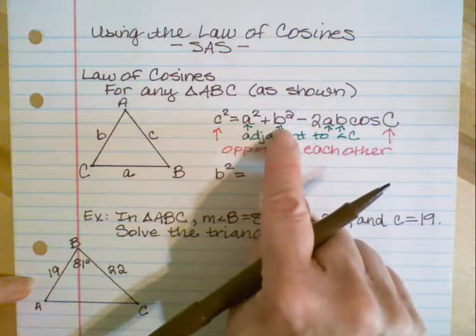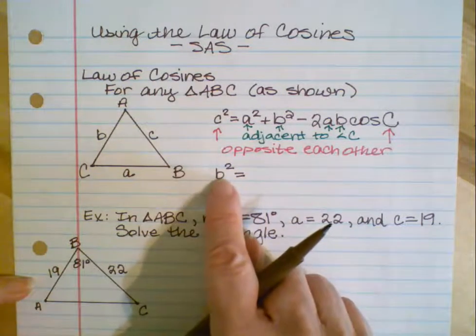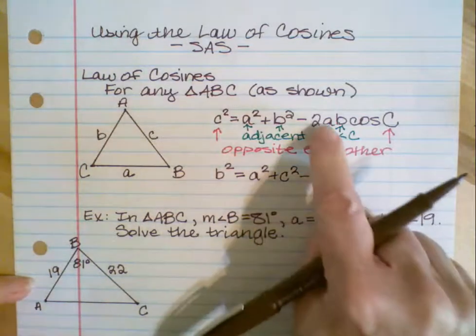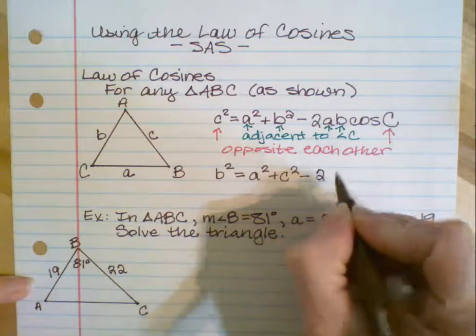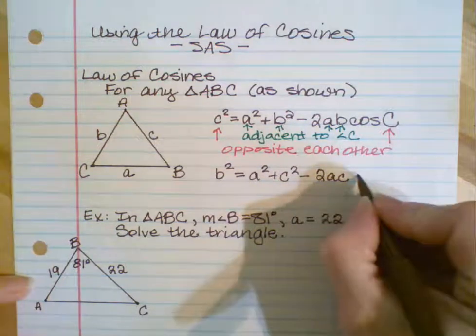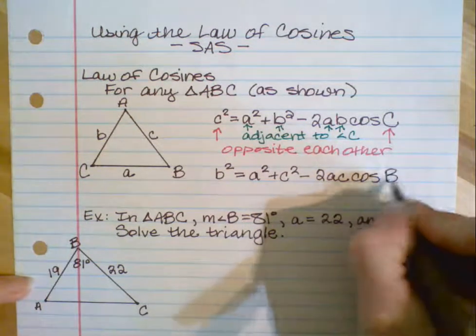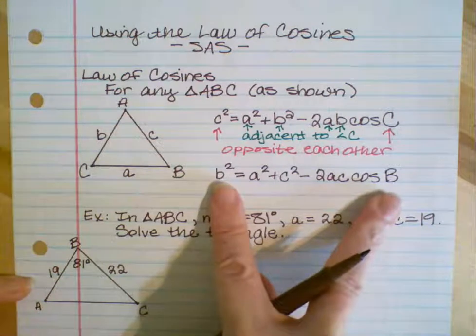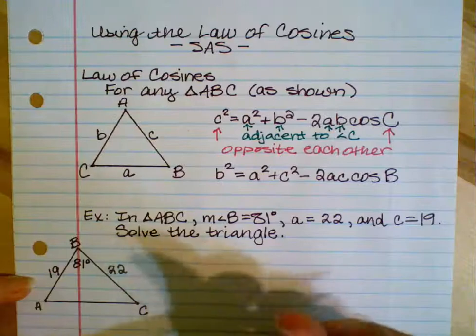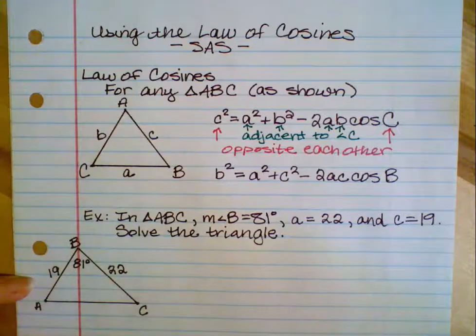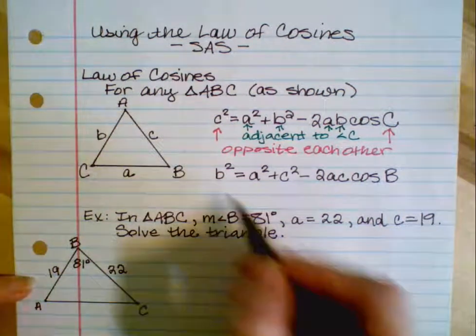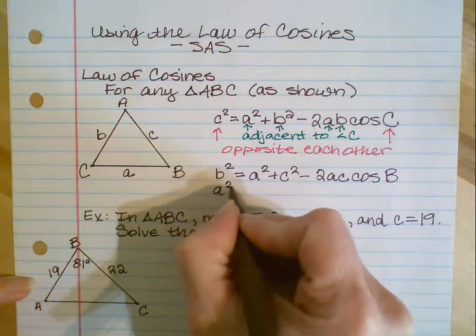now in these positions where we have the A squared plus B squared, those are going to become the other two sides. So not B squared now, A squared plus C squared minus, now in our product, 2AB is replaced with 2 times A times C, which are the product of these two, times the cosine of angle B. And there again, these two are opposite one another in the diagram, and these are the sides adjacent to angle B. Likewise, we could also be given the measure of angle A. If we were talking about cosine of angle A on this end, then we'd have to start with A squared on the other side.